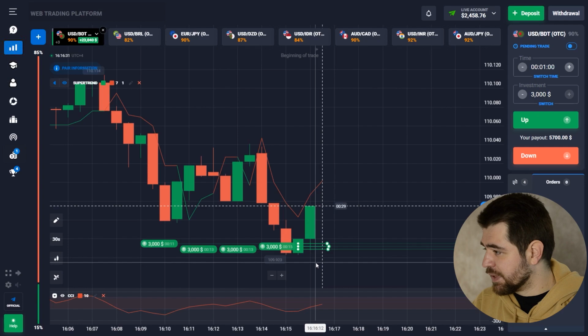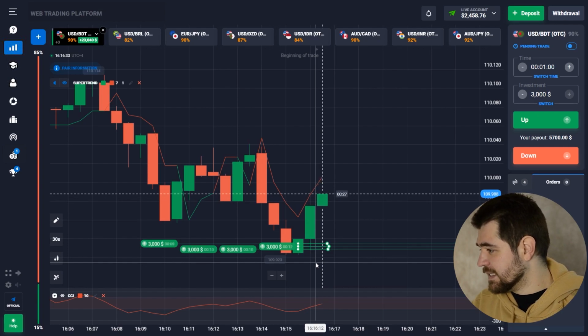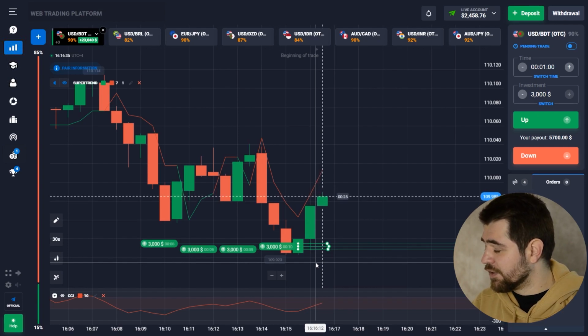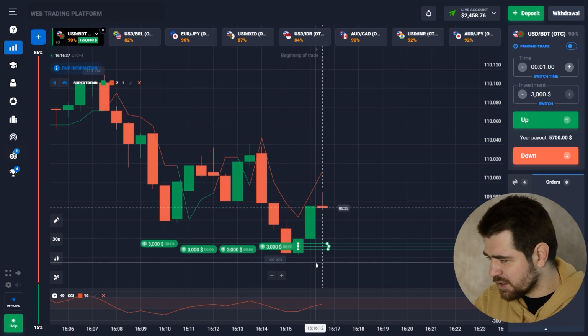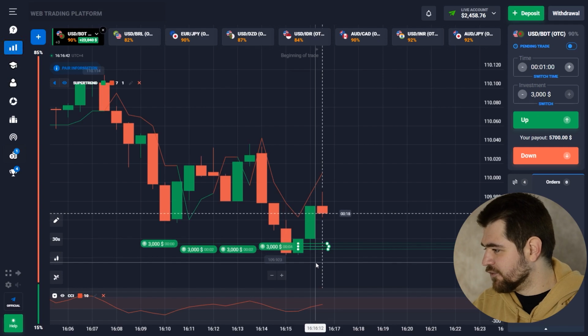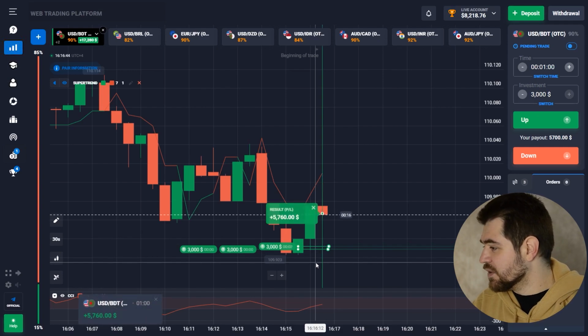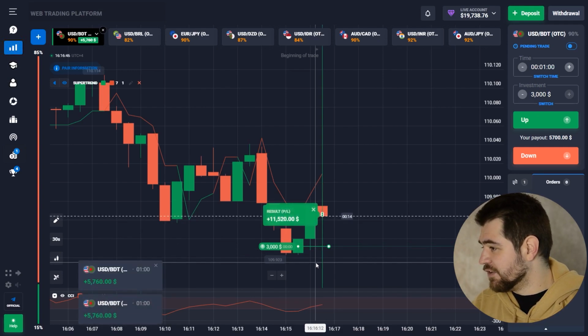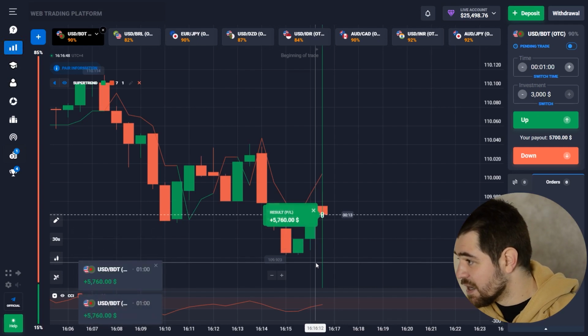Plus, again, this pattern that I see there of the change of the market direction, of the trend direction. So let's find out. It's about to finish, I think, and there you are. There is the profit, guys. Really crazy profit. Wow.